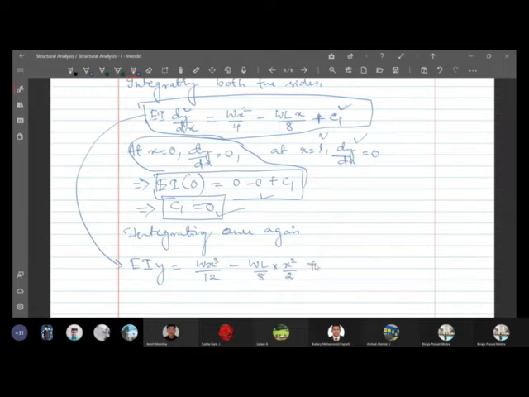Since we are again integrating, we will have C2.